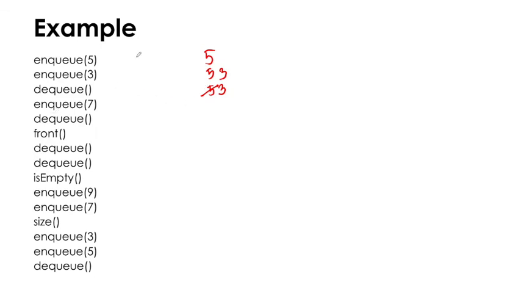However, the next one is enqueue 7, so 7 will be added at the end, and then dequeue, so 3 will be eliminated and 7 remains. So the next one is front, so the front is 7. Then dequeue, 7 will be removed. And then the next one is dequeue. However, there's no more value to dequeue, so this one will result into an error.